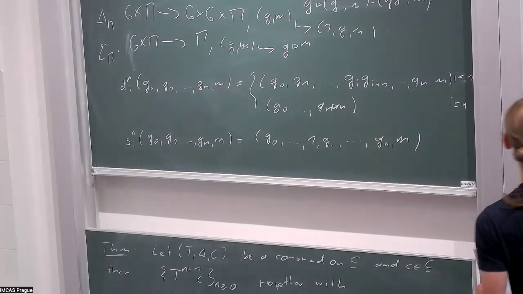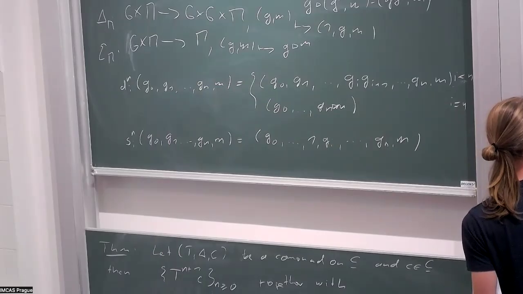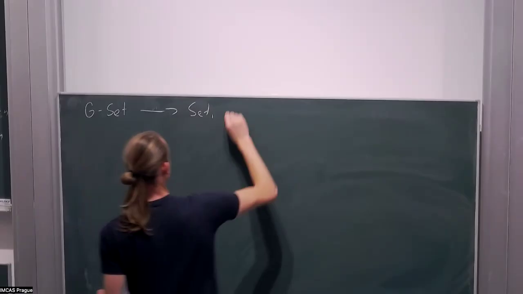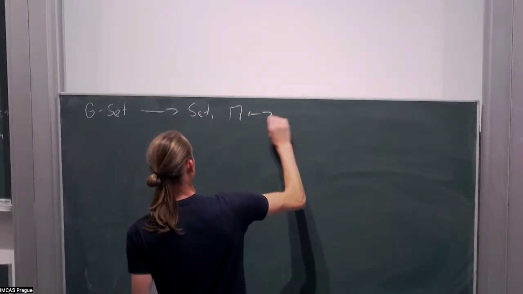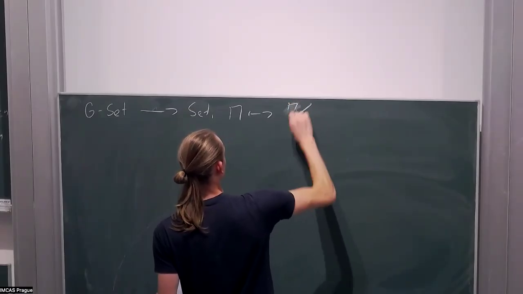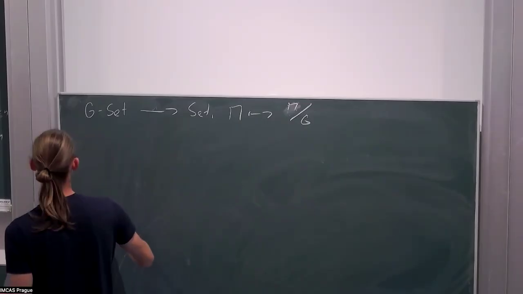Okay, last remark. So I have a functor from G-sets to sets, which takes a G-set M and maps it to the orbit space.